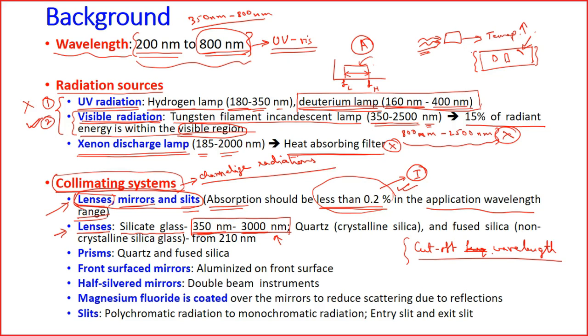If you do not want UV radiations, then you do not need the collimating systems of quartz, which is crystalline silica, and fused silica, which is non-crystalline silica glass.